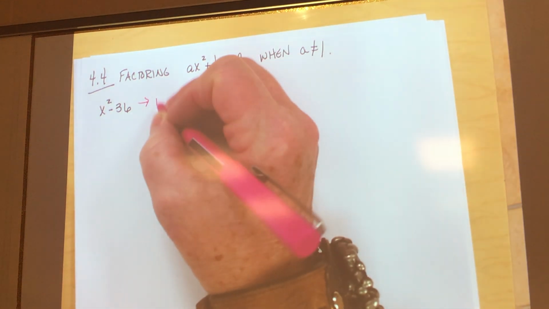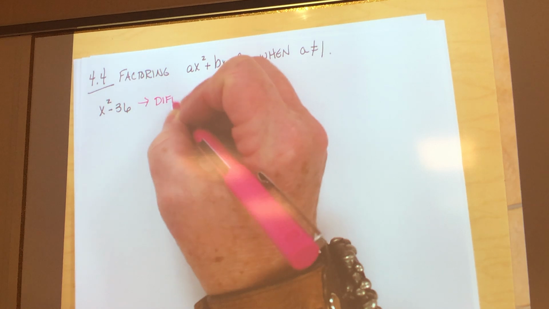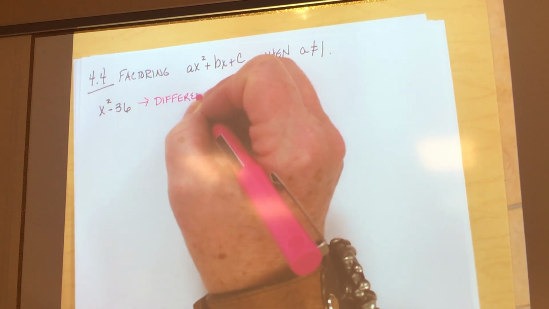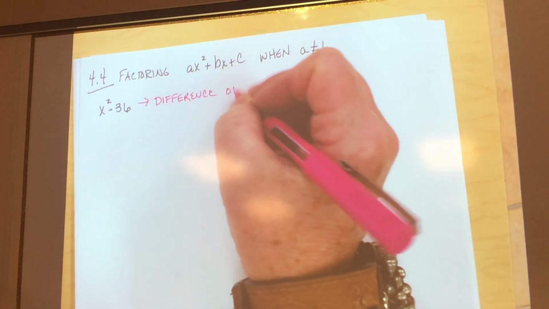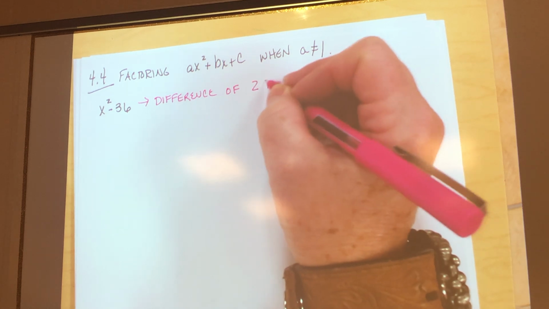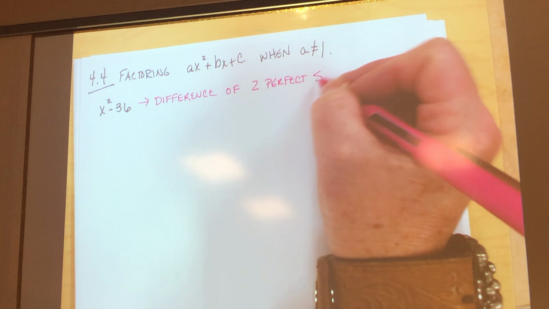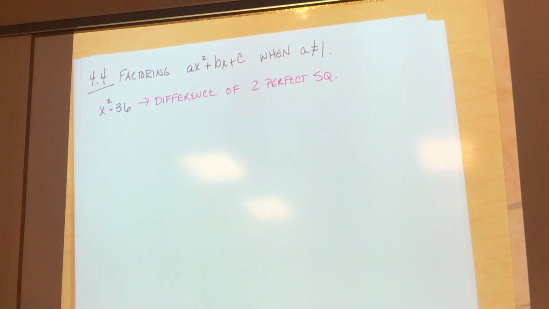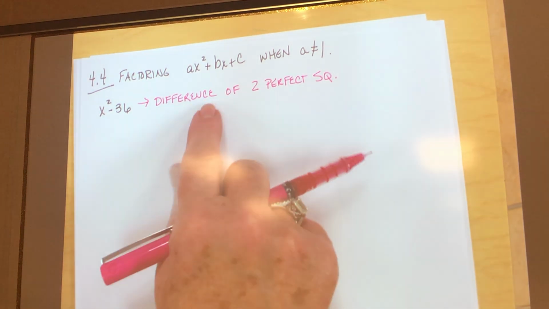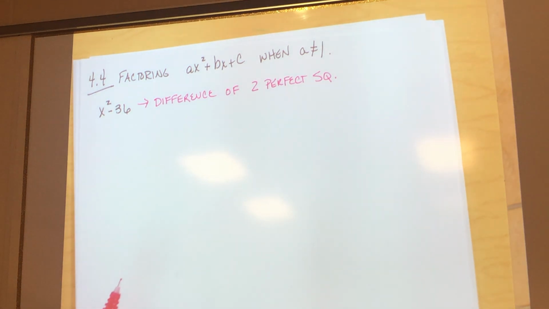This right here is called the difference of two perfect squares. Okay? Now, what's awesome about this is it's very easy for us to factor.